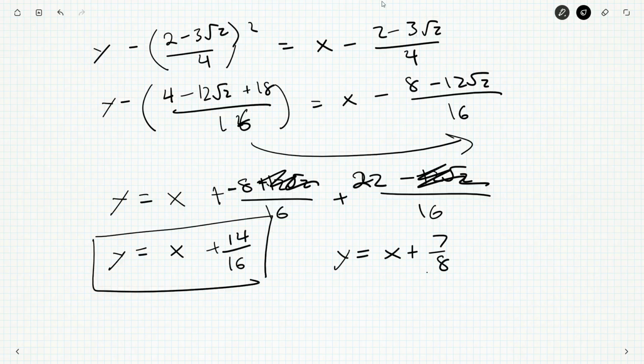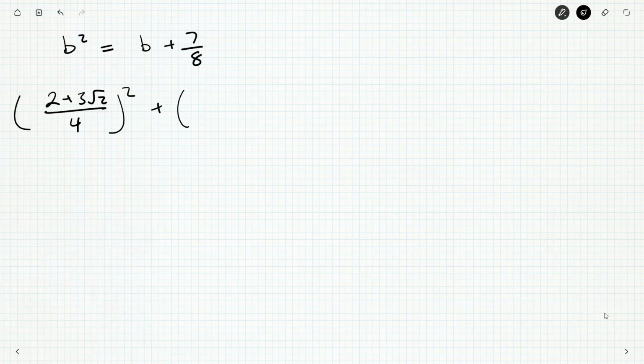So in theory that should work. I'm going to double check that my b and b squared work here as well. So this is just me double checking. B squared equals b plus 7 over 8. So that would be 2 plus 3 root 2 all over 4 squared equals 2 plus 3 root 2 all over 4 plus 7 over 8.